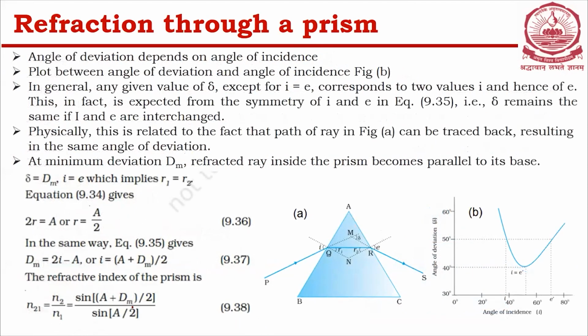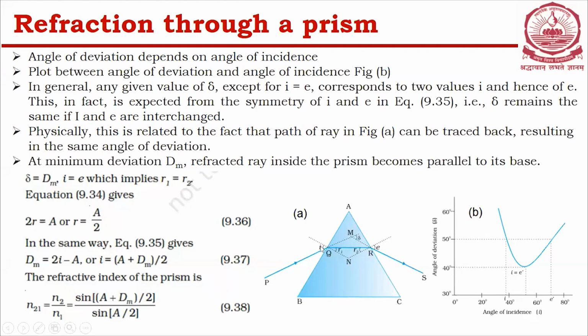So what is the angle of minimum deviation? Once you come to college, in your first experiment, you will find out the angle of minimum deviation. To find it, there is a plot between the angle of deviation delta and the angle of incidence I. You have to vary the angle of incidence from 0 to 80 by rotating the prism in the spectrometer.